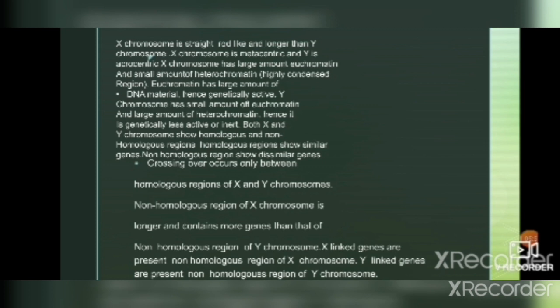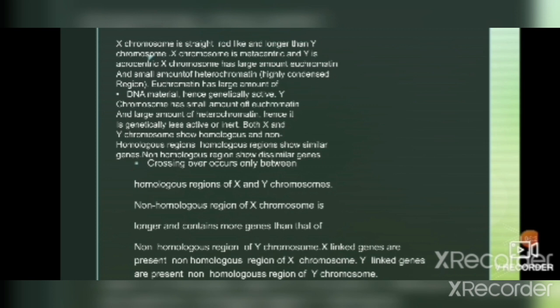Crossing over occurs only between homologous regions of the X and Y chromosomes. The non-homologous region of the X chromosome is longer and contains more genes than the non-homologous region of the Y chromosome.